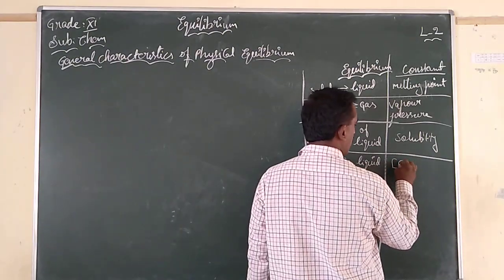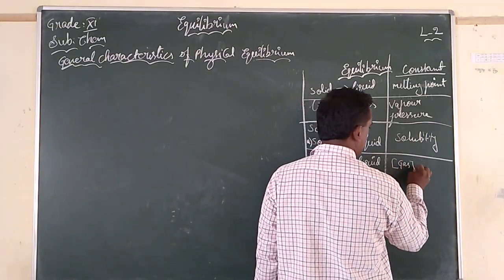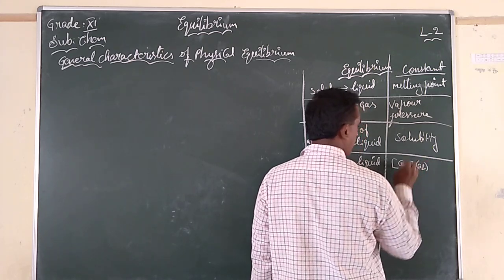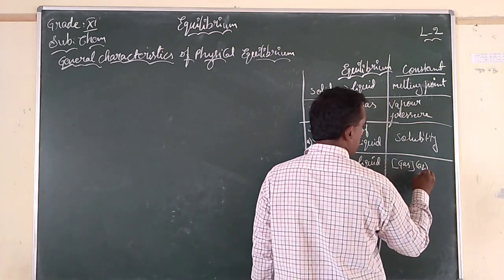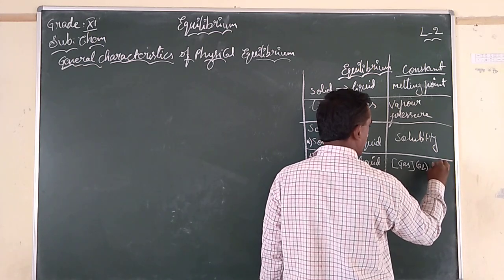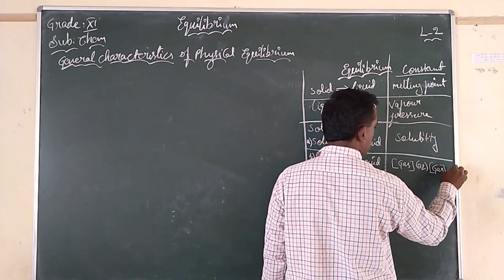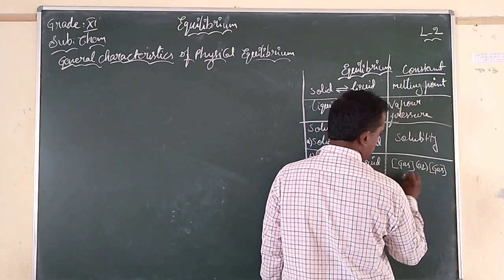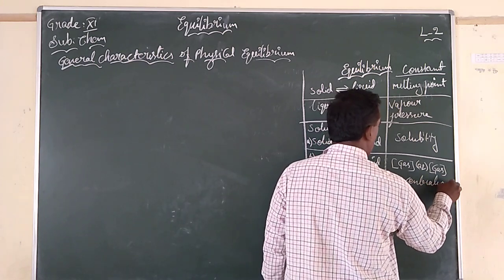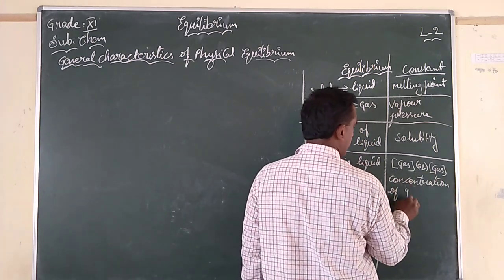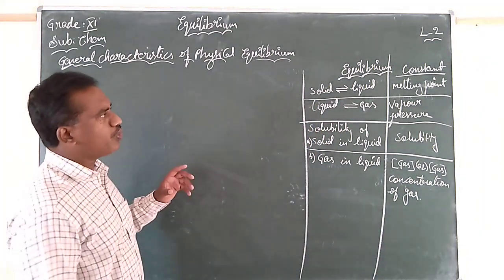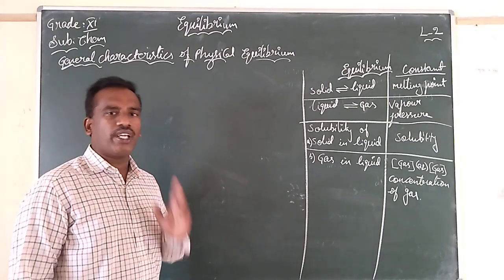The concentration of the gas in aqueous medium, or we can simply say the concentration of gas remains constant. So during different kinds of equilibrium, one value will be constant.